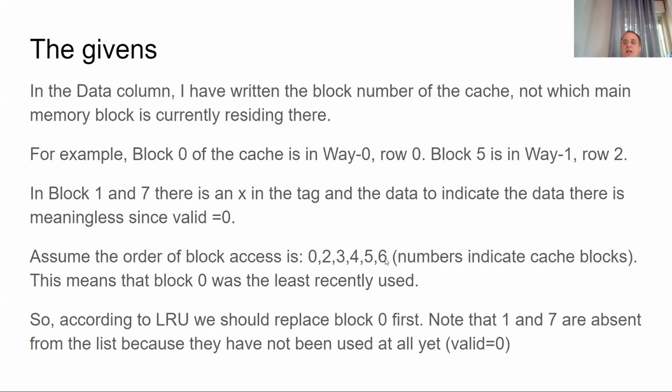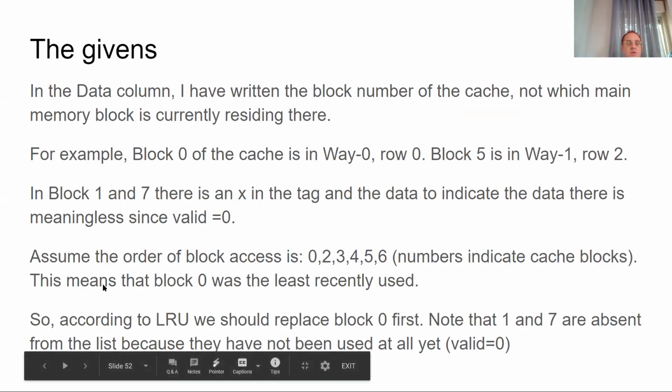The most recent one we touched is 6. This means that block 0 was the least recently used. So according to the least recently used algorithm, we should replace block 0 first, given that the set is the same. Note that 1 and 7 are absent from the list because they have not been used at all.